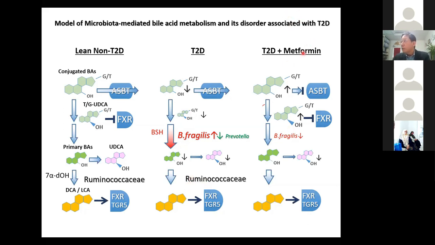But metformin is known to block the growth of Bacteroides fragilis, and the level of conjugated bile acid is recovered, and this antagonist activity is recovered, and there is good control of the receptor activation. So this is one of the known mechanisms for the cure of type 2 diabetes.